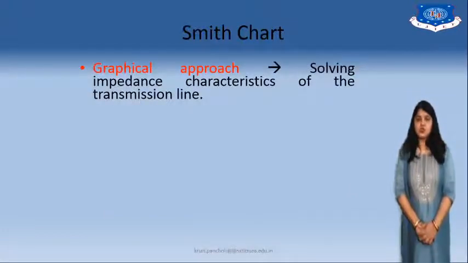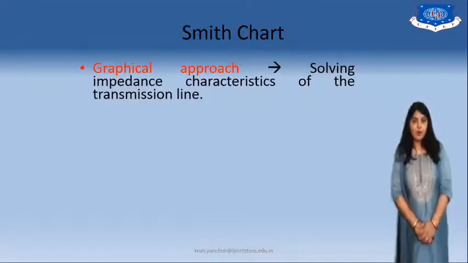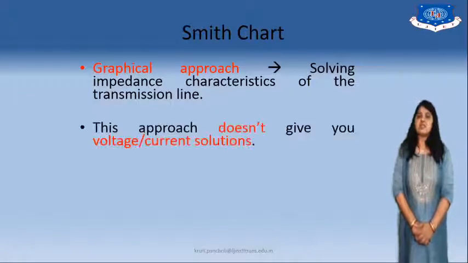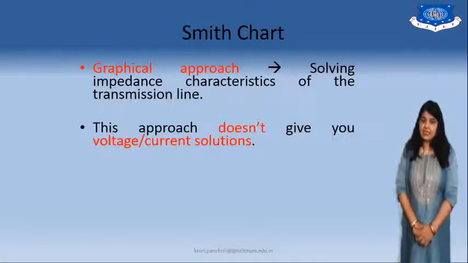It is also used for solving impedance matching problems, and if we want to do stub matching, this method can be more helpful to us. This graphical approach can be used for solving the impedance characteristics of the transmission line.